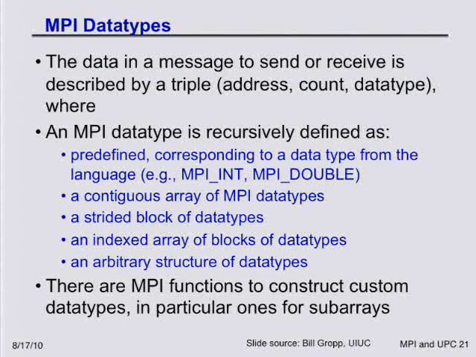So MPI defines a set of data types to try to let MPI do more of the packing for you. And there's MPI functions that you can use to construct these more complex data structures. But for the basic data types, you tell it that MPI is sending an int or an MPI double, and that tells you something about what the message looks like so that it's understood by the MPI layer.